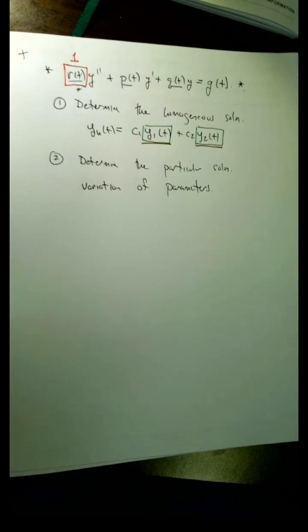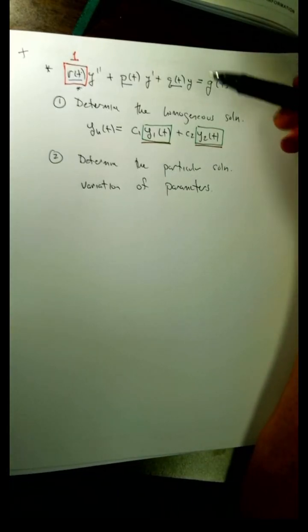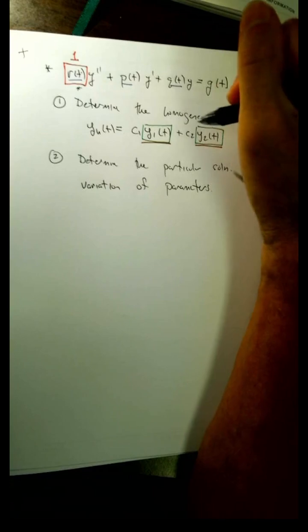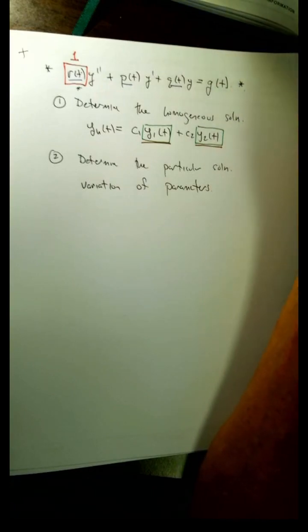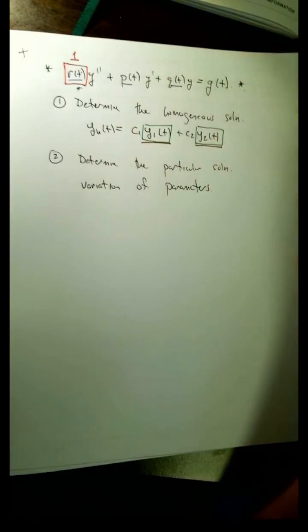And the question is how do we deal with this situation now for the second-order case? It's going to be important to recognize that we're looking for one equation, and we're going to have two unknowns. And those two unknowns are going to be products with the y1 and the y2.